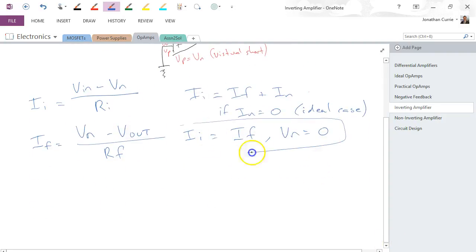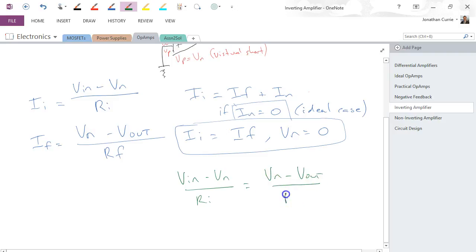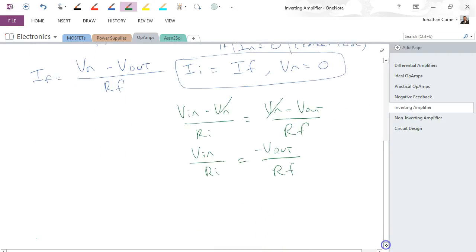Substituting these values and what we know from the ideal approximations into these equations, we get Vin minus Vn over RI equals Vn minus Vout over RF, where Vn is 0, so therefore we get Vin over RI is equal to minus Vout over RF.